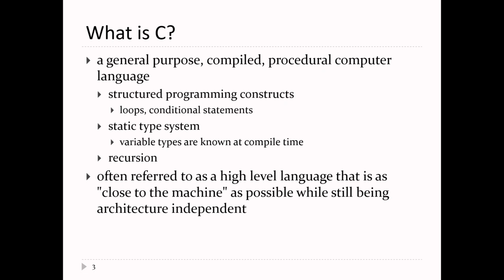You'll often see that C is referred to as the high-level language. So high-level meaning you've got these things like programming constructs, like loops and if statements and things like that. That's as close to the machine as possible while still being architecture independent. So when people say close to the machine as possible, they mean that the types that are in the language map closely to the types that your processor, your CPU, provides.